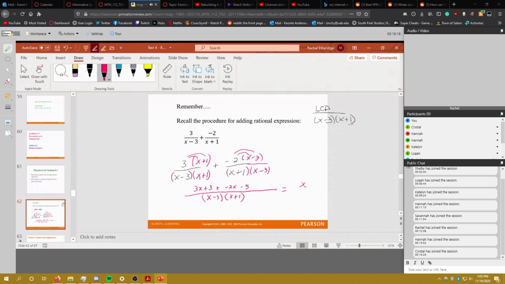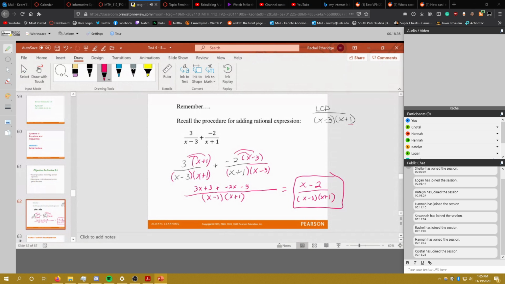So that gives me, combining like terms, x minus 2 over x minus 3 times x plus 1.